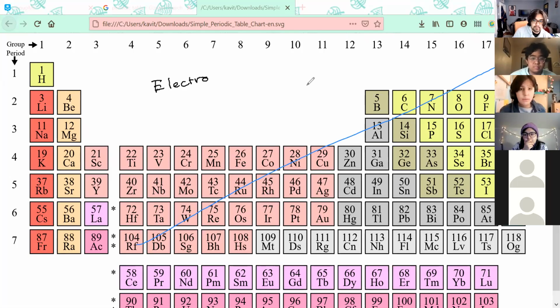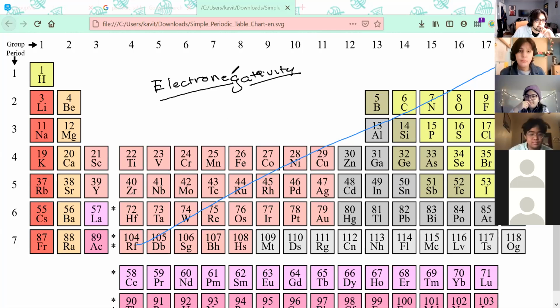The trend is, as Jonathan already mentioned, since he already mentioned it, I'm going to ask you guys, what's the trend for electronegativity? From left to right, it's increasing. And from the bottom up, it's increasing as well. Right.